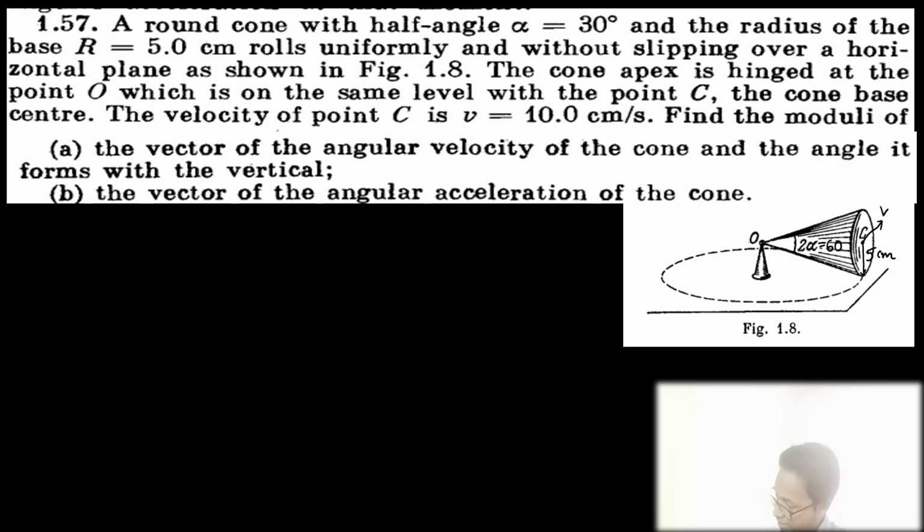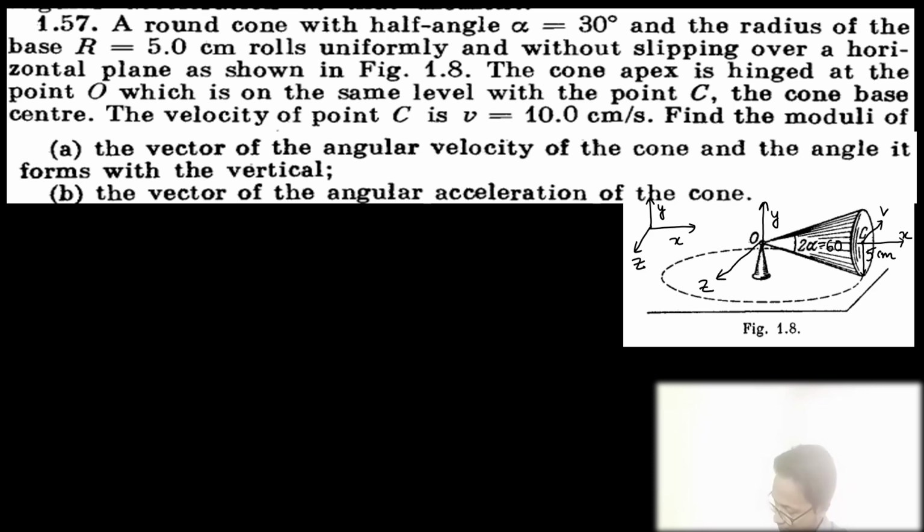Now before doing anything else, let's draw the axes. This axis is the x-axis, this axis is the y-axis, and this axis is the z-axis. So this is x, this is y, this is z.